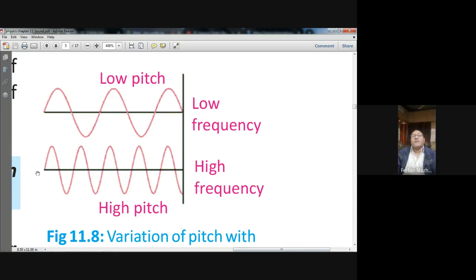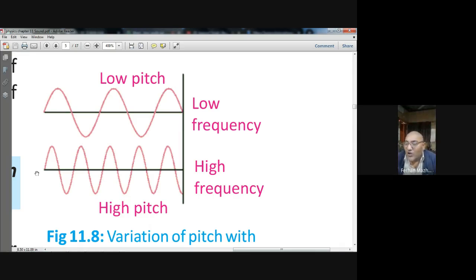So if somebody asks you which one is low pitch, the wave which is at the first number has low frequency, so it will have low pitch.